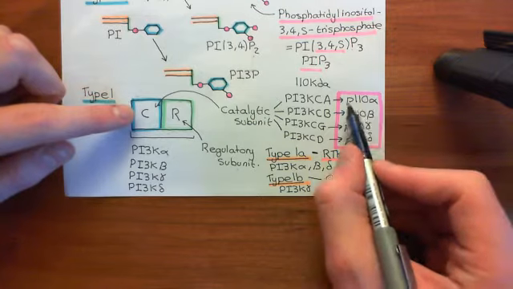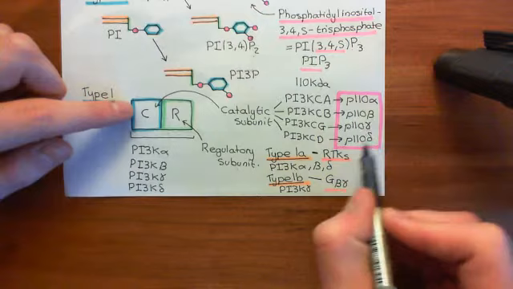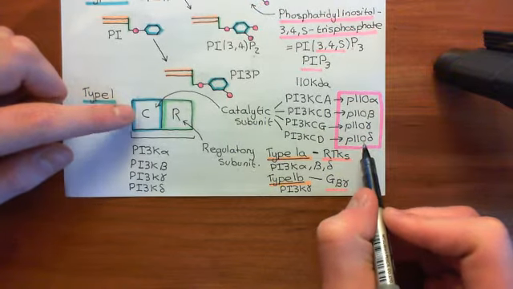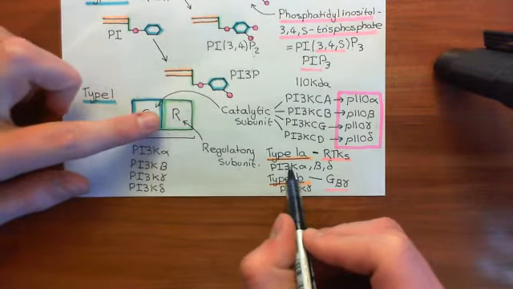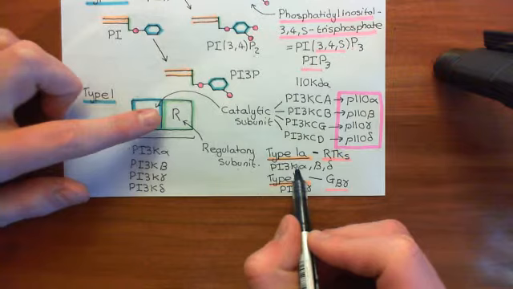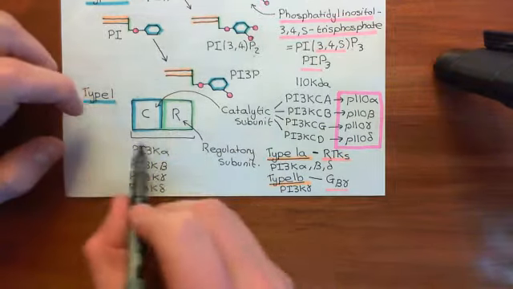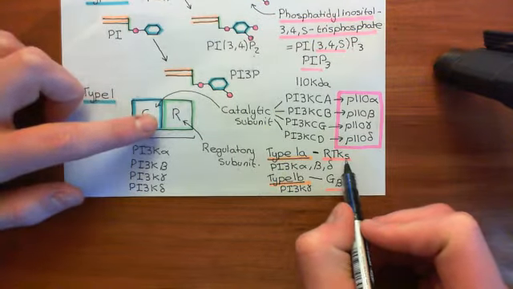So they're Pi3-Kinase enzymes which either have P110 alpha, P110 beta, or P110 delta as the catalytic subunit. Okay, they all have a certain type of regulatory subunit attached to them, which we'll talk about in a moment. And this regulatory subunit allows these Pi3-Kinase enzymes to be regulated by receptor tyrosine kinases.